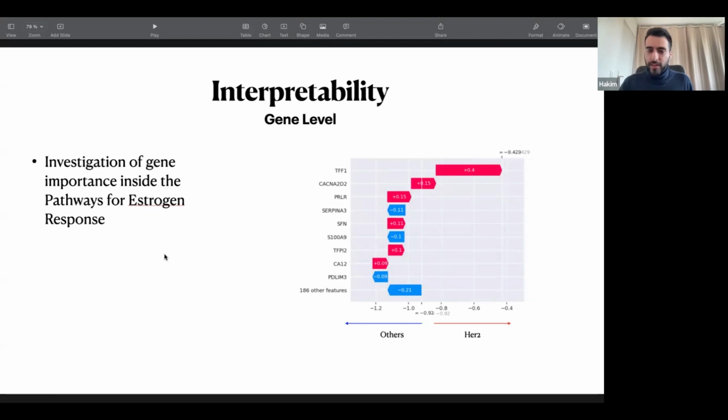So this is just a way to show how CustOmics is able to output a gene level interpretability score. And we also saw that those gene level scores, especially with TFF1, align with the literature for the discrimination of HER2 in breast cancer.